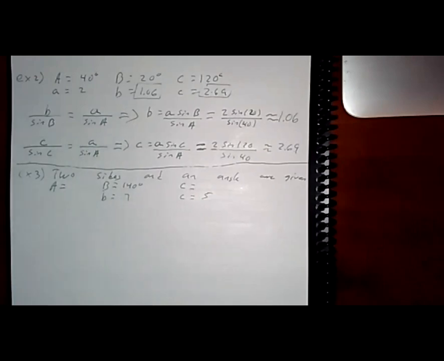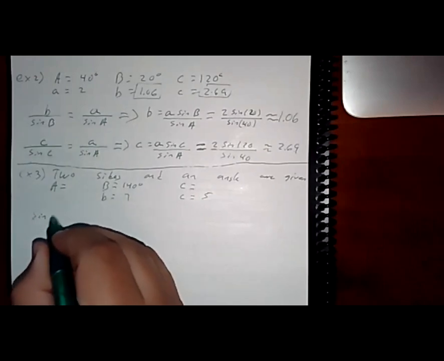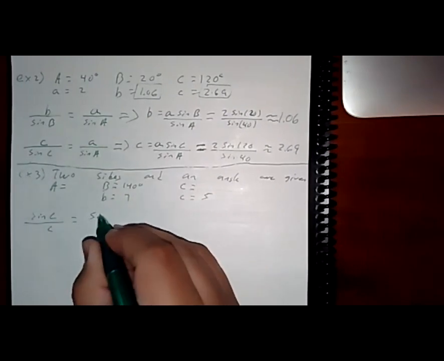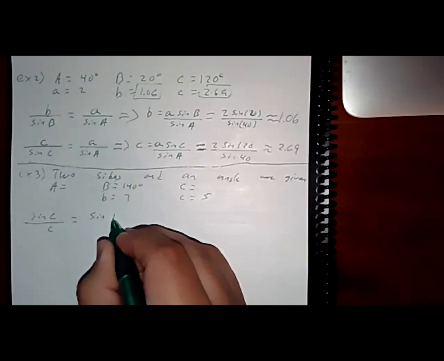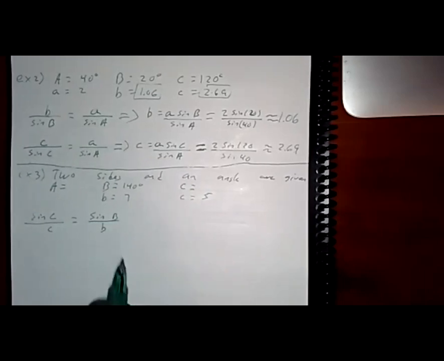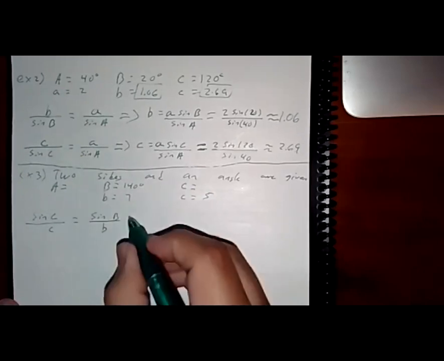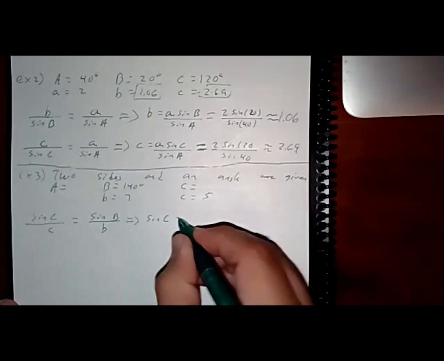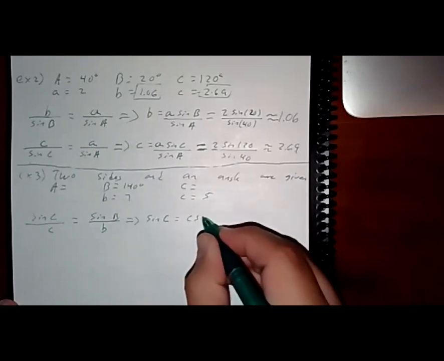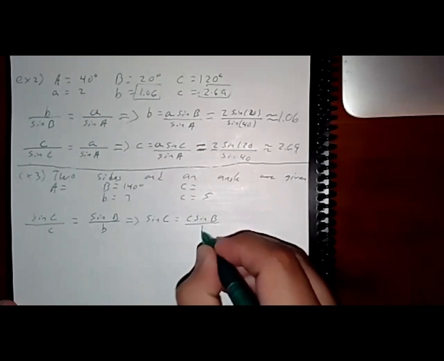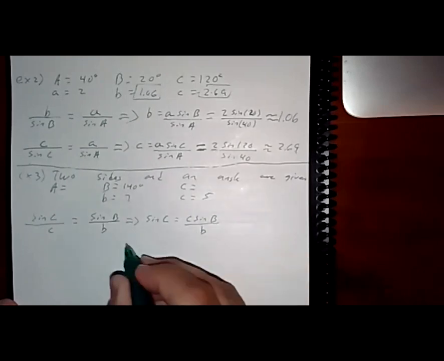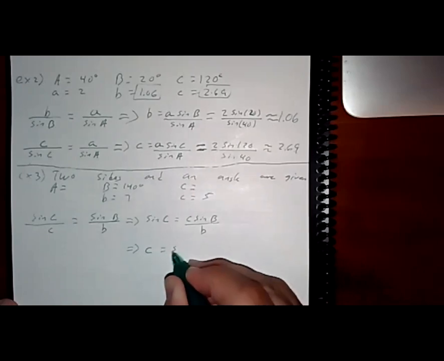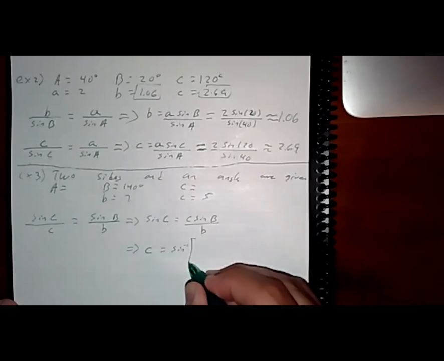So I'm going to use sine C over little c equal to sine B over little b. So I'm going to use this part of the formula, and I'm going to solve for capital C, which will be sine C equal to c sine B over little b, which means we have C equal to sine inverse of all that stuff.